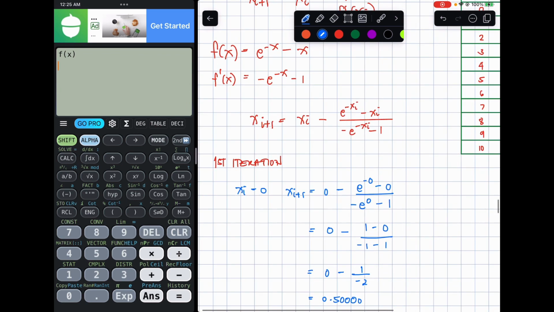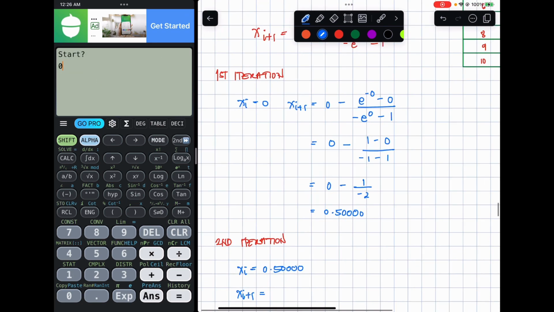I'm going to input it again: alpha x minus shift e negative alpha x, minus alpha x, divided by negative shift e negative alpha x minus 1.